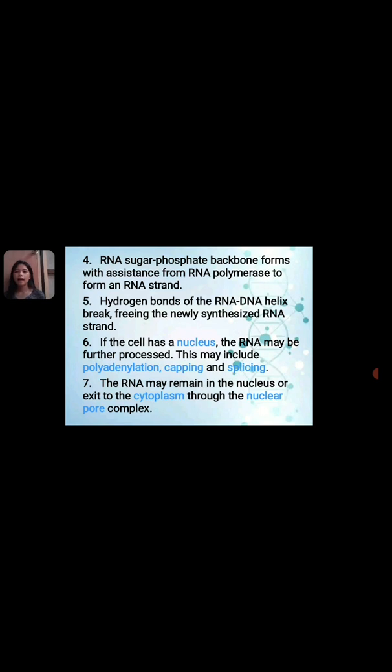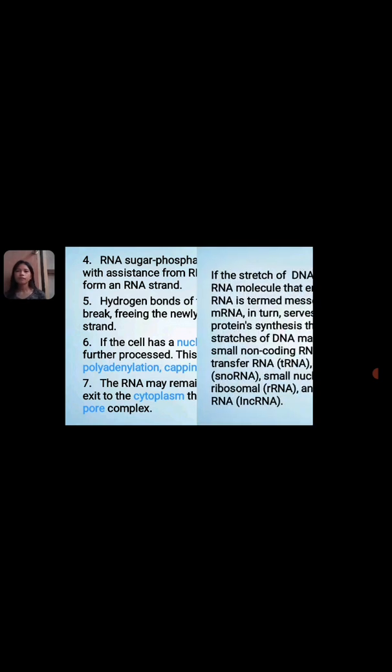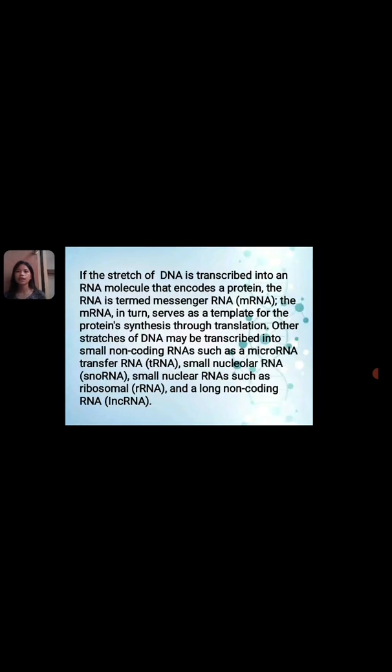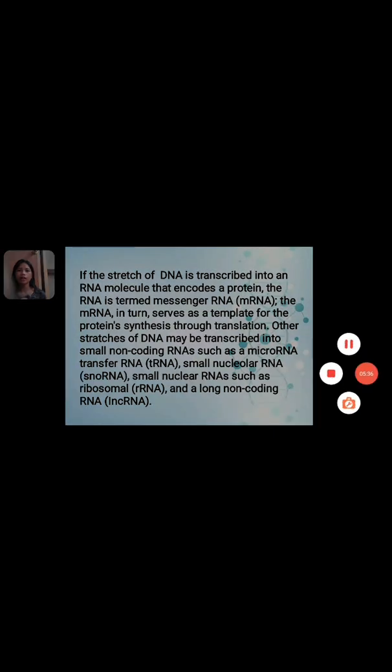And last, the RNA may remain in the nucleus or exit to the cytoplasm through the nuclear pore complex. So if the stretch of DNA is transcribed into an RNA molecule that encodes a protein, the RNA is termed messenger RNA.